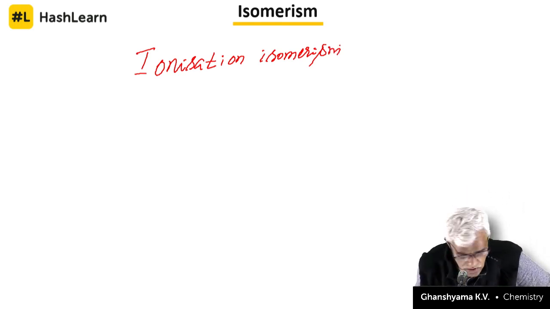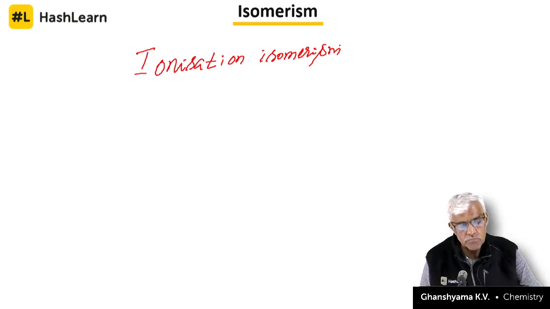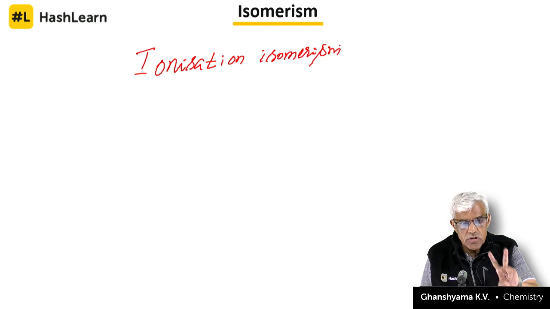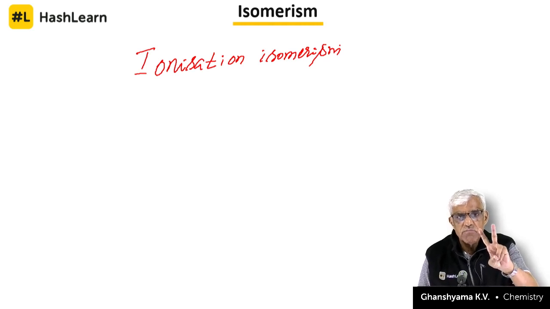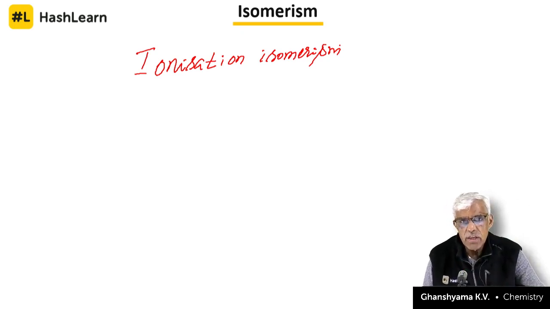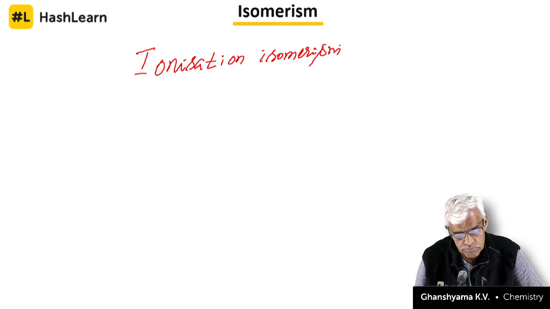Ionization isomerism. What do you mean by this ionization isomerism? Two coordination compounds will have the same formula, same number of atoms, same coordination number, same central metal ion.